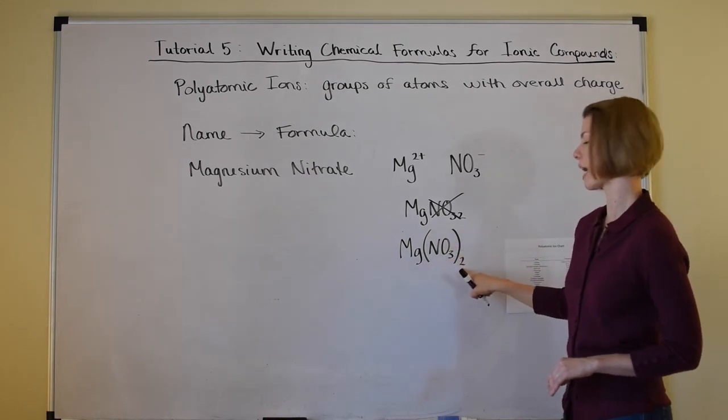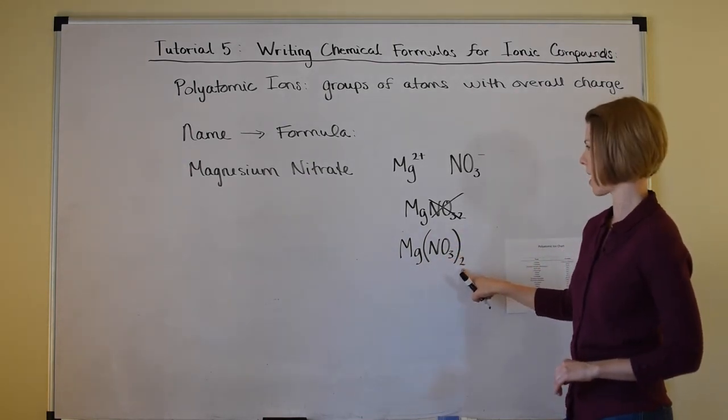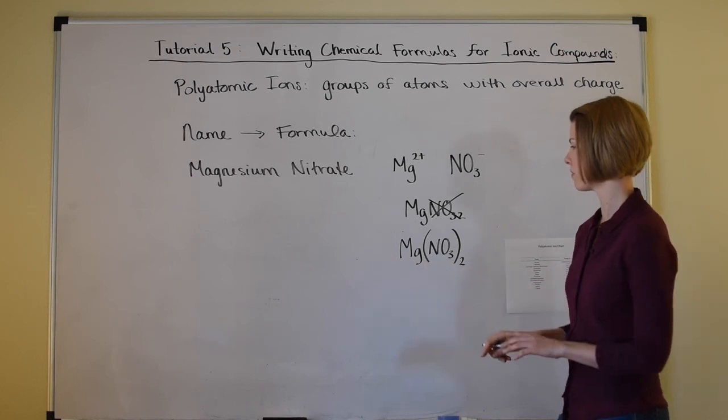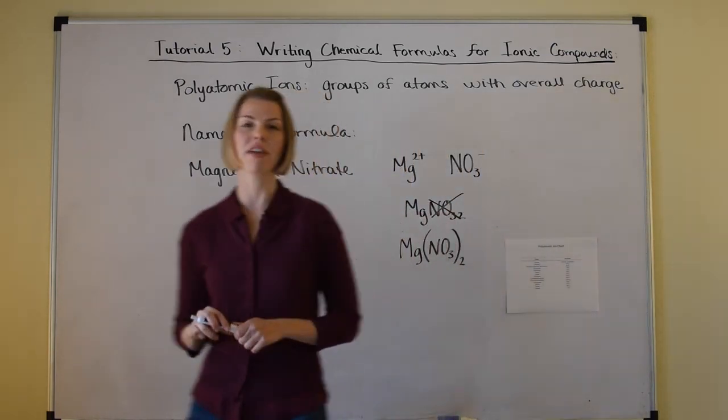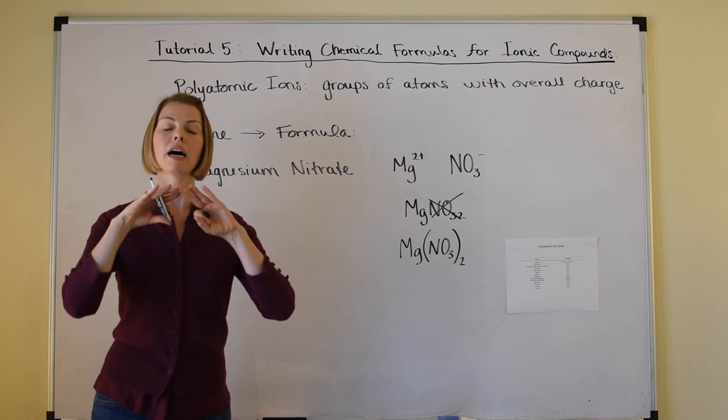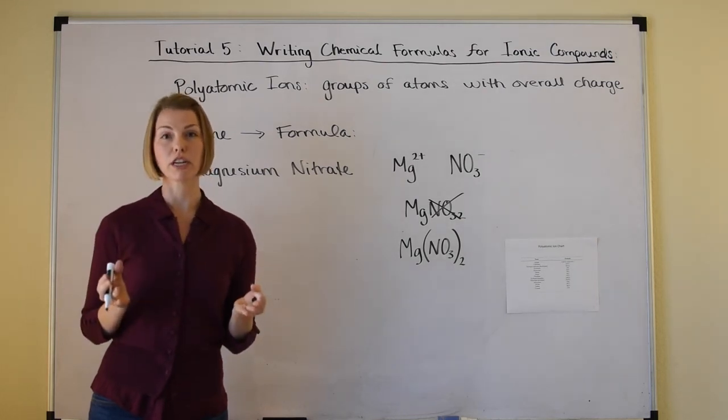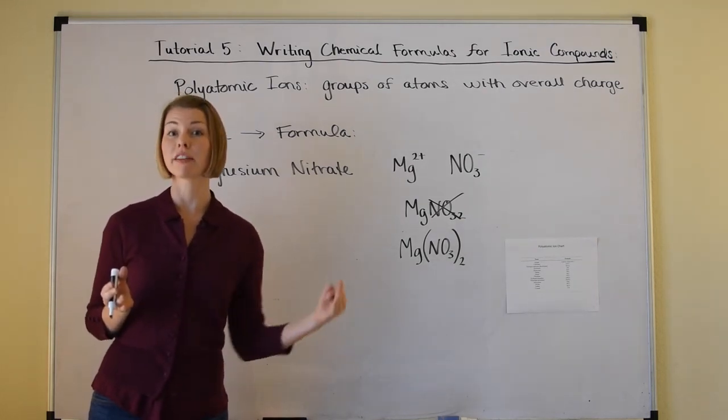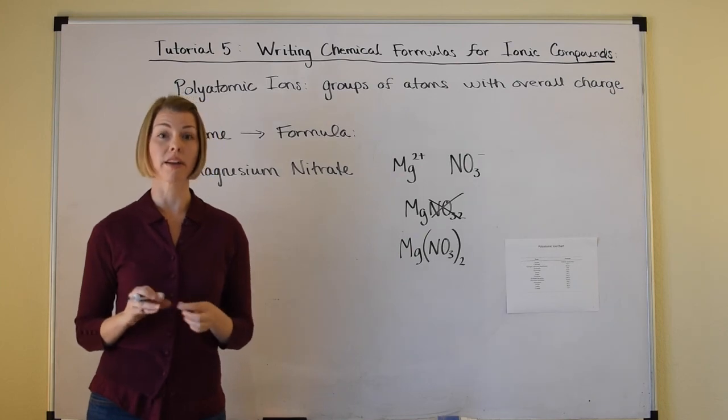So the 2 goes outside of the parentheses to specify that. Okay, so there's the formula for magnesium nitrate. And that's what we mean by writing the subscript for the number of polyatomic ions outside of a parentheses if there's more than one of them.